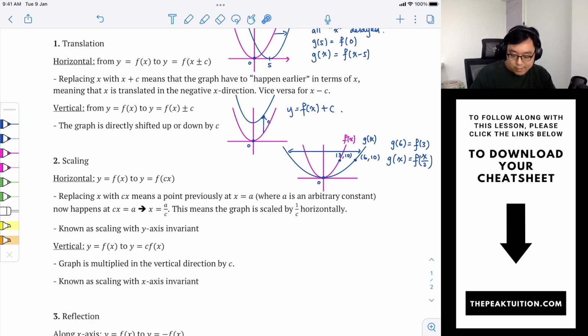So a is 3, and x is now 6. Then c must be half. Okay, so this means that the graph must be scaled by 1 over c. In this example, c is half, 1 over c is 2. So the graph is being scaled by a factor of 2 horizontally.